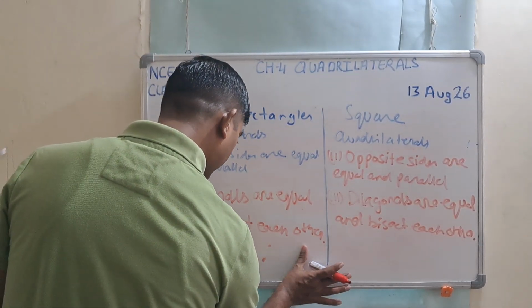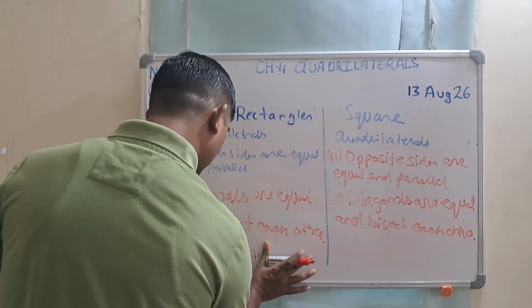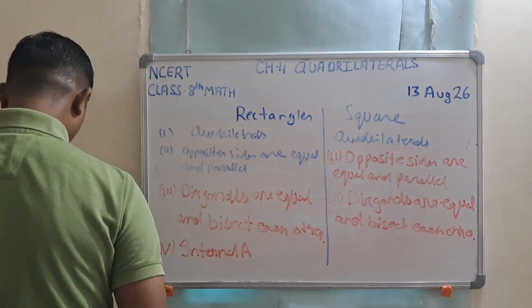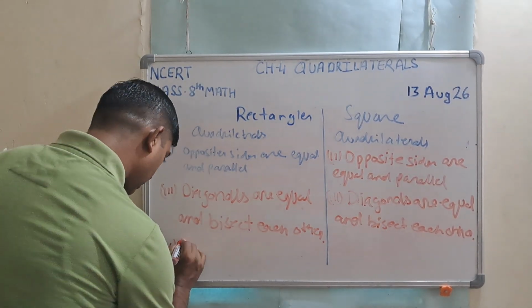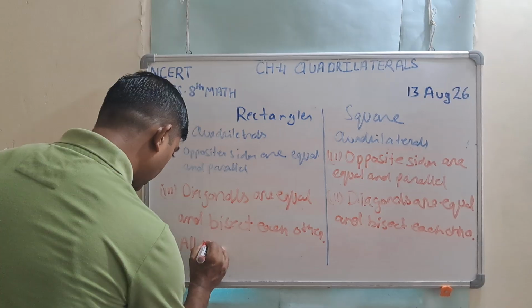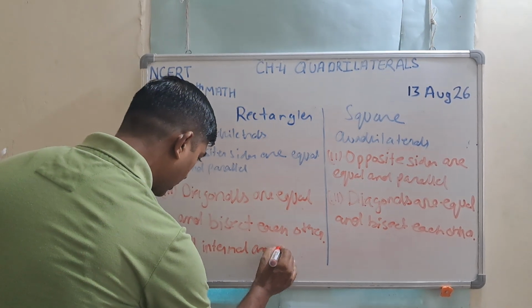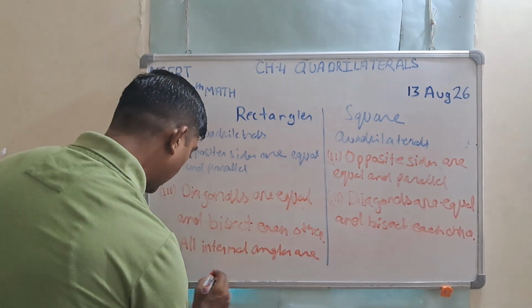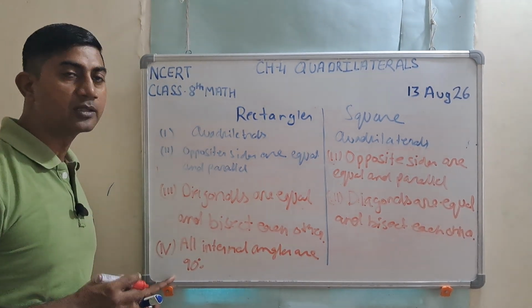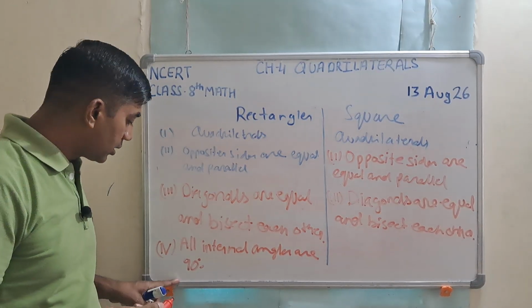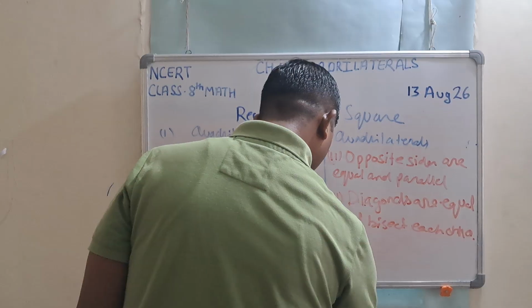Actually we should write all internal angles are 90 degrees. Since we have written here 90 degrees, it means all internal angles are equal and 90 degrees. The same case is here also.